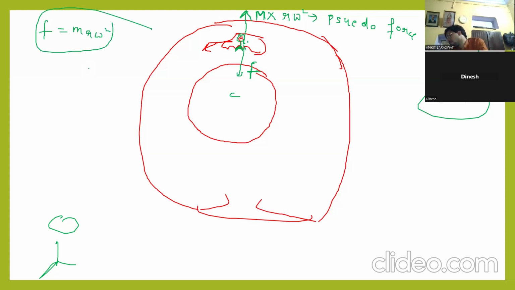So in case of a non-inertial frame in circular motion, the pseudo force is the centrifugal force. Its magnitude is the mass of the system multiplied by the acceleration of the frame, the acceleration of the frame as seen from the ground.